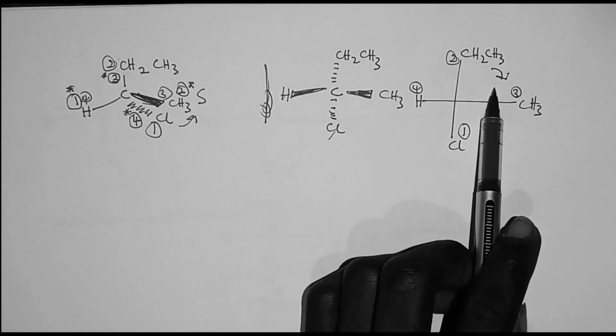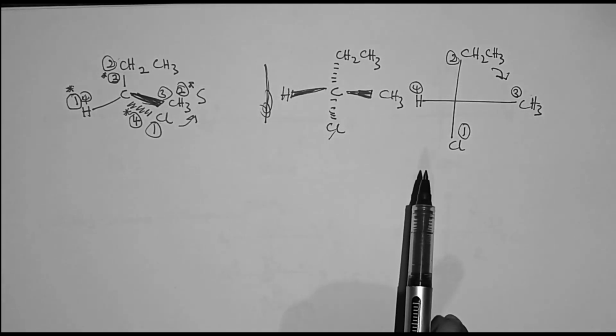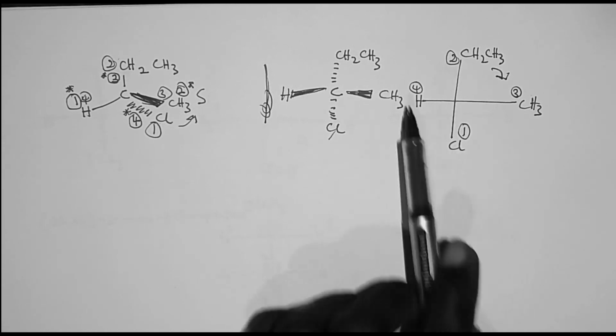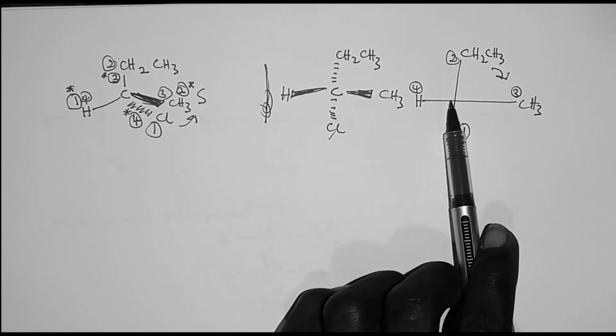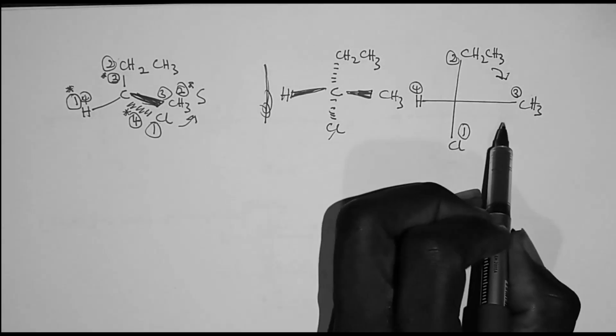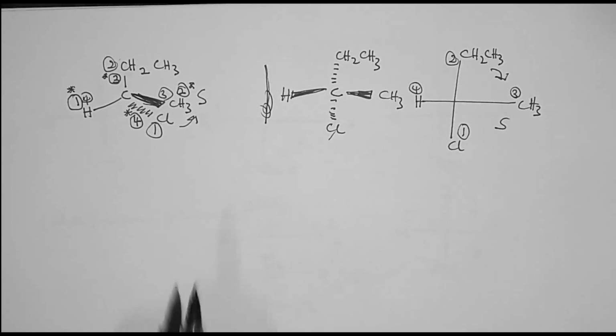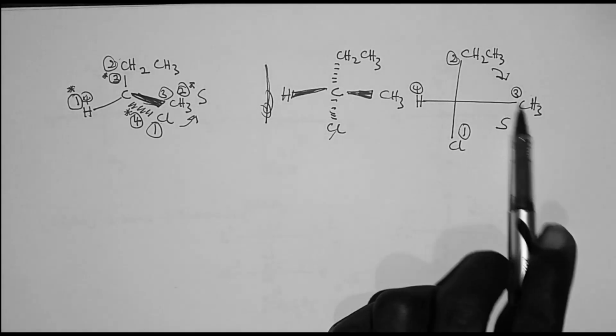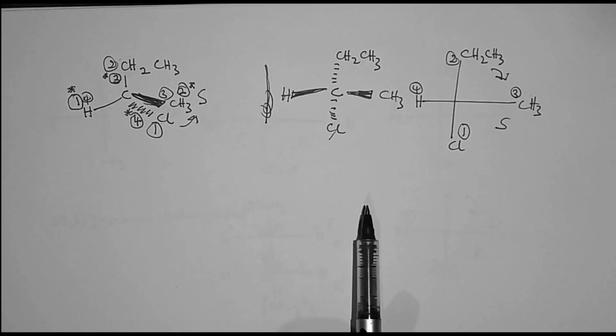This configuration is an R. But then, because the proton is pointing towards us, because it is on the wedge bond here, we need to reverse the configuration. And so instead of an R, this is an S. So the perspective drawing is an S, and the Fischer projection too is also an S.